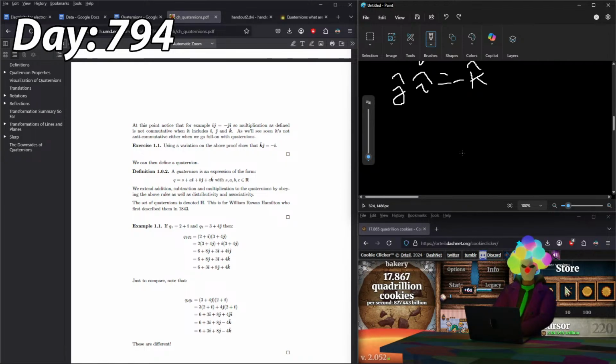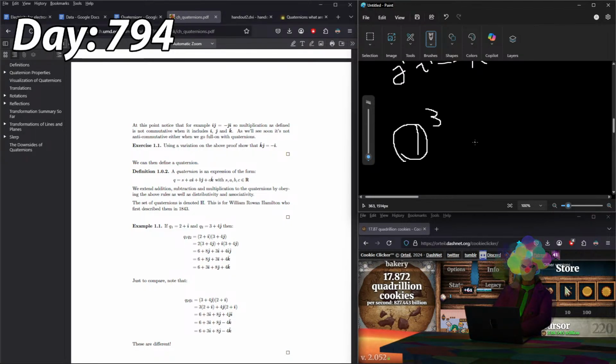Which means from this you can make a 3D space if you want. I imagine it would look like this. I think this would be your 3D space using octonions. No, wait, that's octonions. I'm an idiot. Quaternions. Jeez, get it together. This would be a 3D space using quaternions. But i, j, k, you would have a different i, j and k for each dimension.